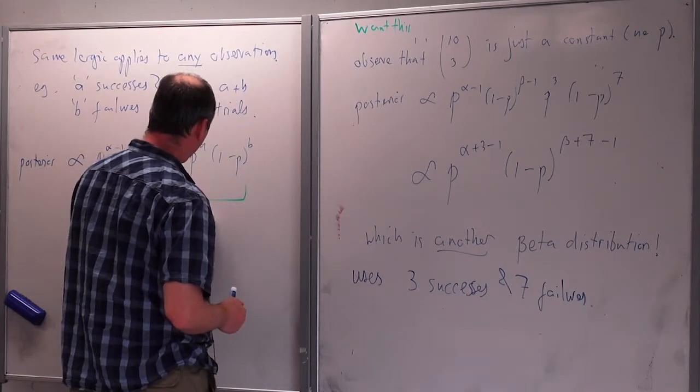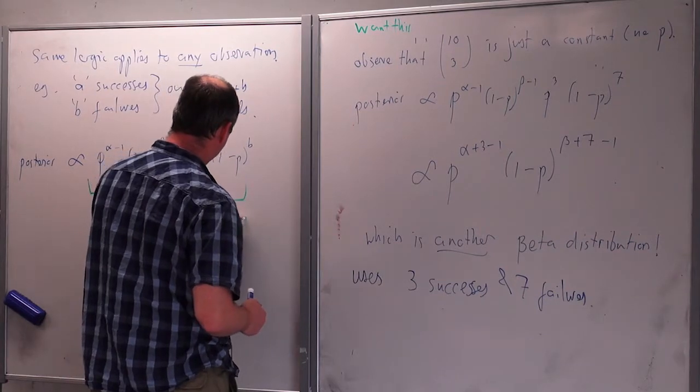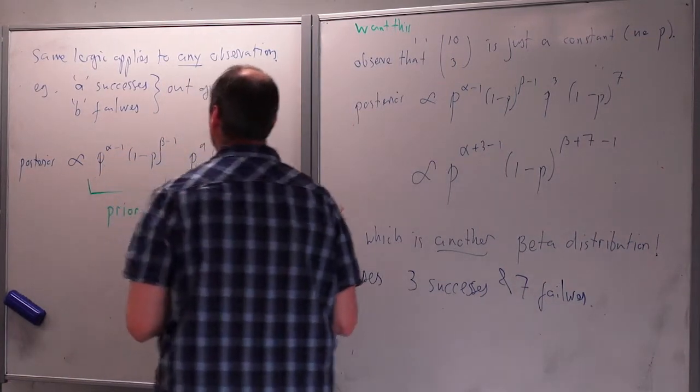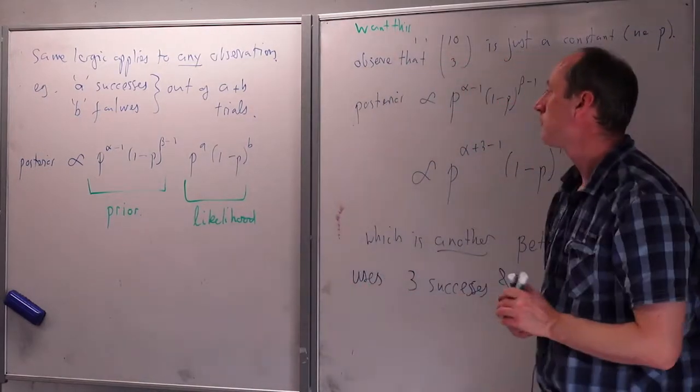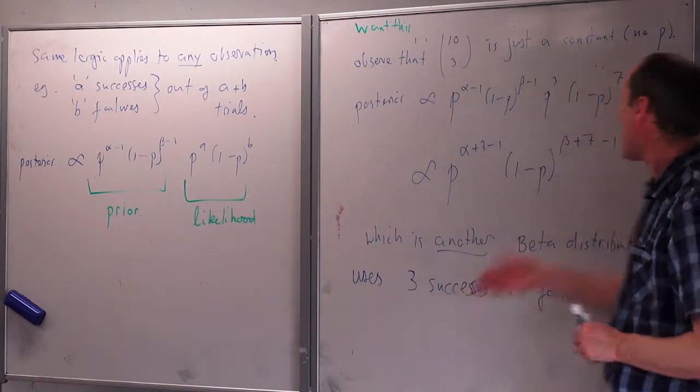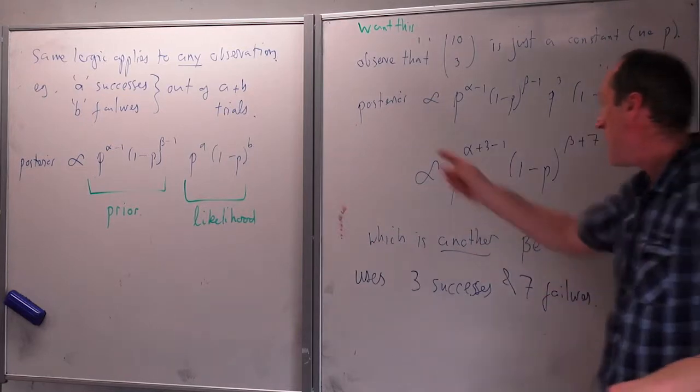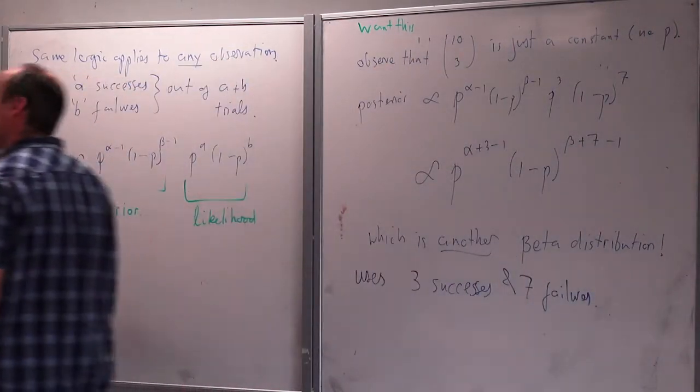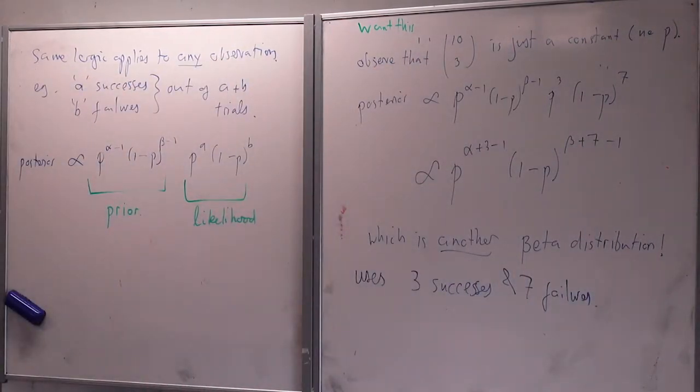Likelihood. For the general case, here I've got 3 and 7 as examples. Here I've got A and B. I just wanted to give a more concrete example, but I'm not sure if that was very helpful in this context. And rewriting.